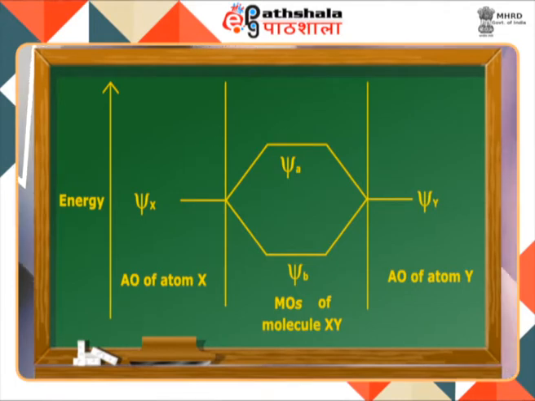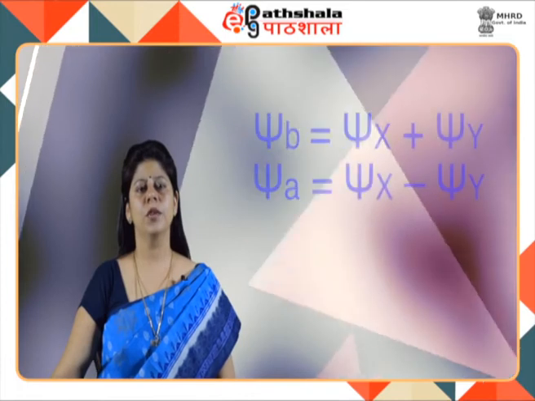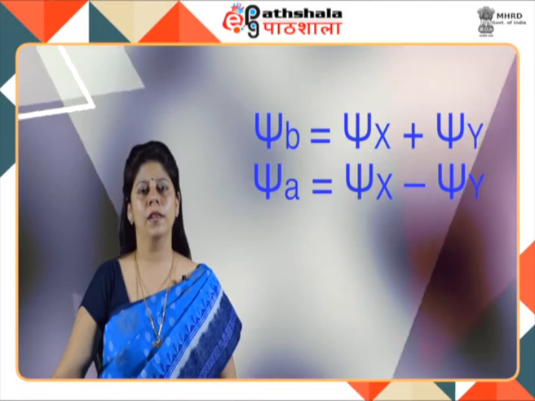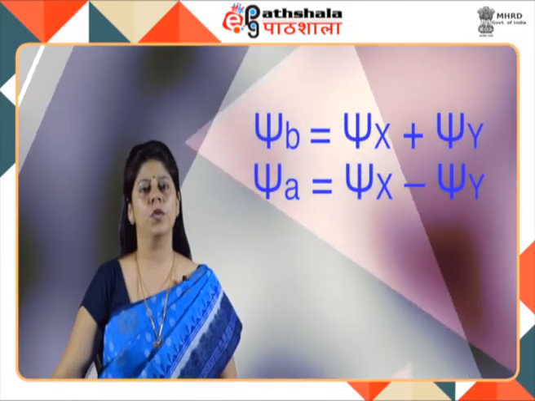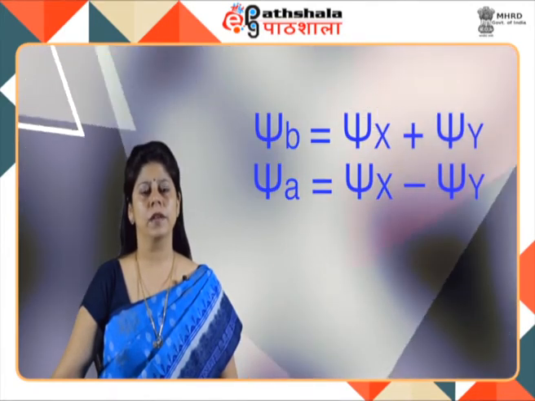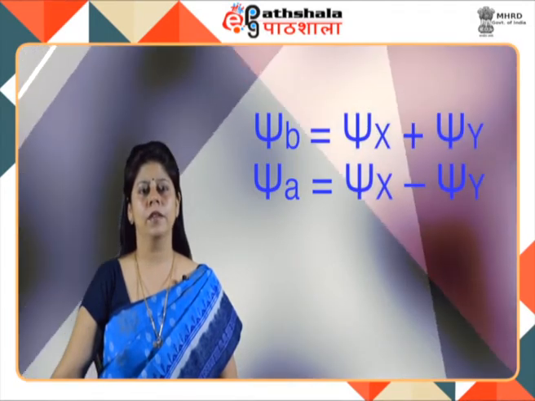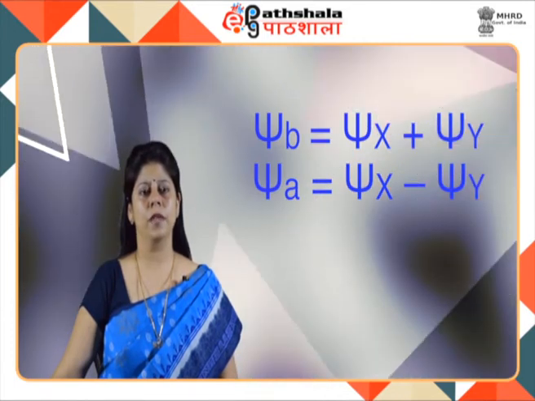The bonding orbital is termed psi B, whereas the antibonding orbital is termed psi A. The bonding molecular orbital is formed by the addition of atomic orbitals, while the antibonding molecular orbital is formed by the subtraction overlap of atomic orbitals. Psi bonding is the combination of psi x plus psi y, whereas psi antibonding is the subtraction overlap of psi x minus psi y.